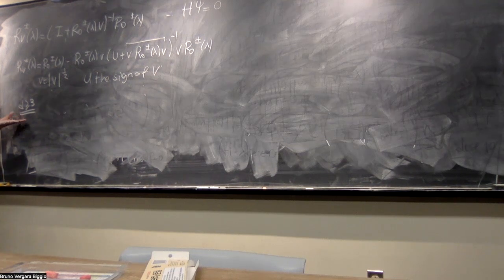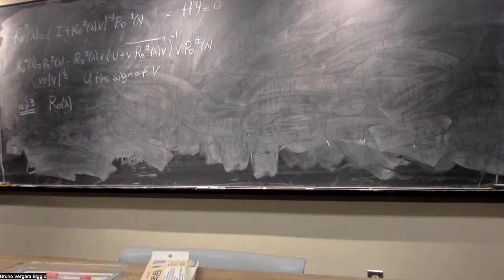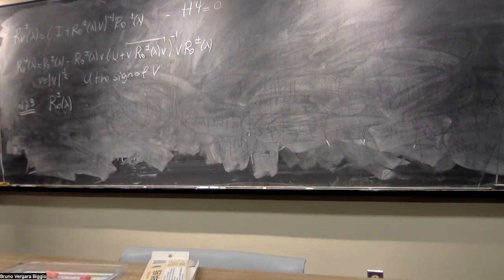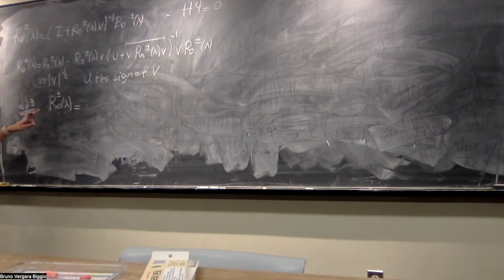So when you look at this operator and take lambda going to 0, then R0 plus and minus lambda has an expansion.